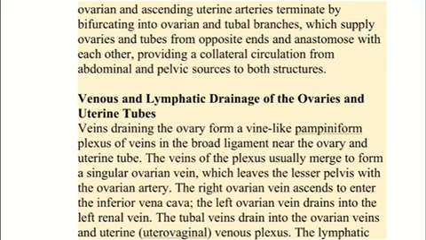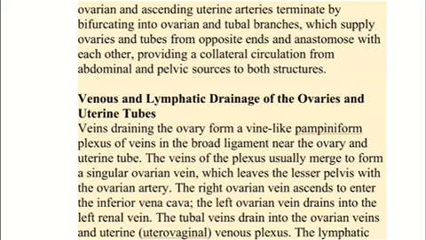Now, a word about venous and lymphatic drainage of the ovaries and uterine tubes. Veins draining the ovary form what we call the pampiniform plexus of veins in the broad ligament near the ovary and uterine tube. The veins of the plexus usually merge to form the ovarian vein.